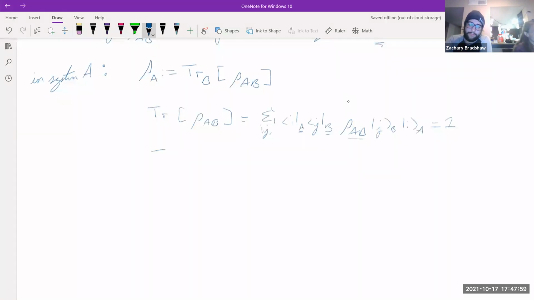However, if you do a partial trace, we denote that by just having one of the subsystems listed here. Then what does that look like? Well, now you only sandwich by the system on B. And from our previous postulates, we know rho AB can be described as a tensor product.